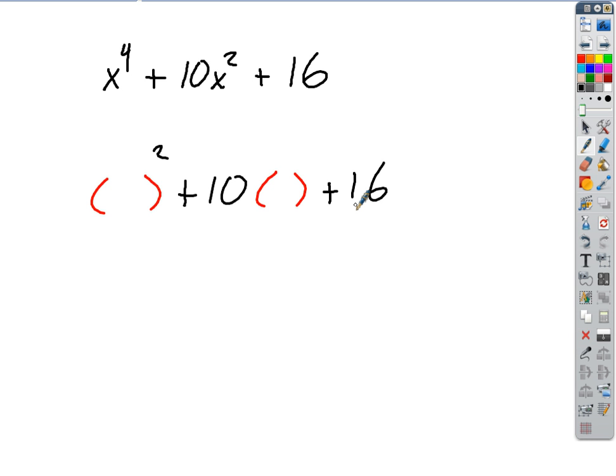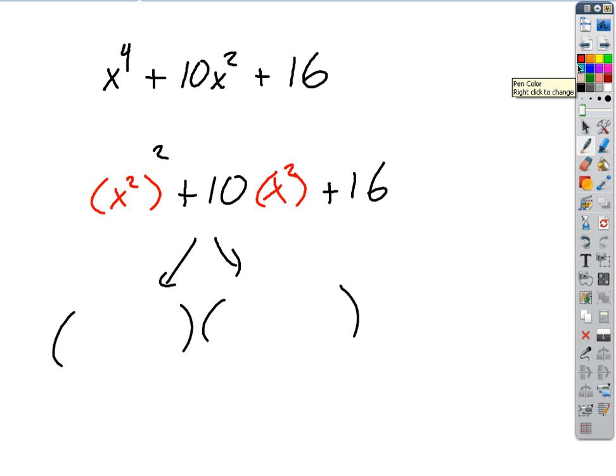If those were x's, that'd be a chapter 5 problem. In this case, they're not x's, they're x squareds, because x squared squared is x to the 4th, and then that's just 10x squared. But there's the pattern. So this might break apart now. If I unfoil it, first times first has to equal x squared squared.